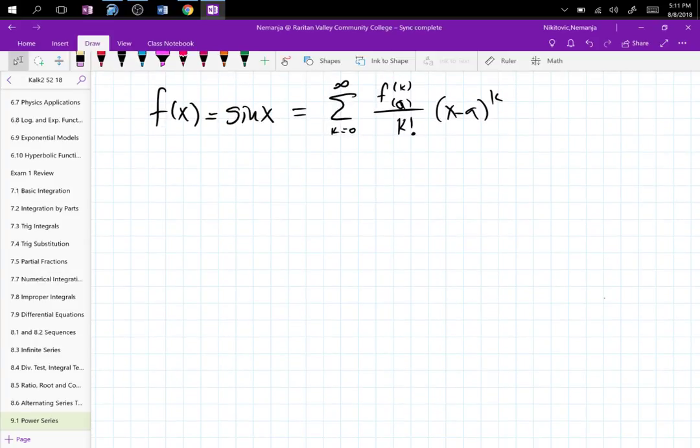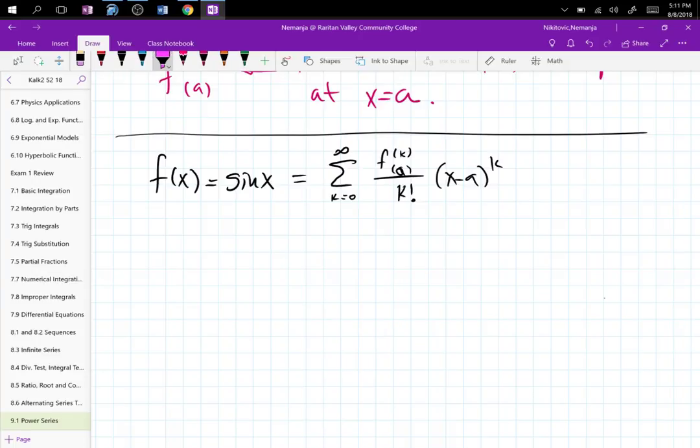So we see that the formula has this piece which is the kth derivative. All you need to do is take as many derivatives as you want until you get bored. So let's go. I have f prime of x, the derivative of sine x, is cosine x. F double prime of x is negative sine x.